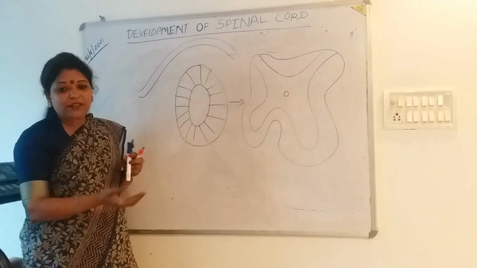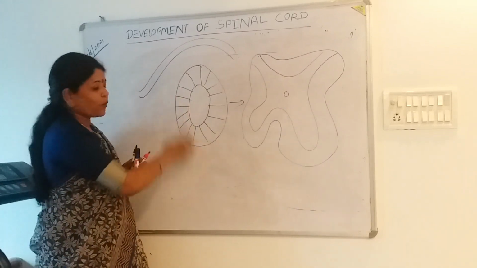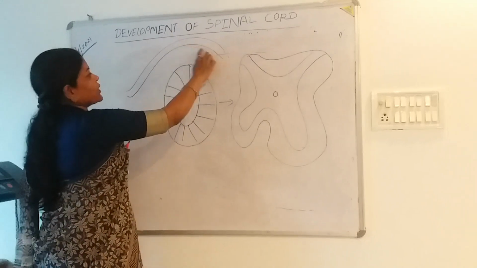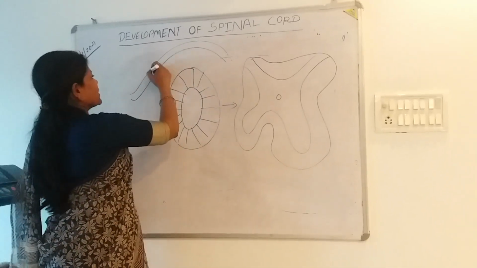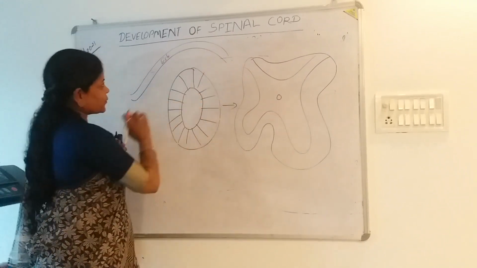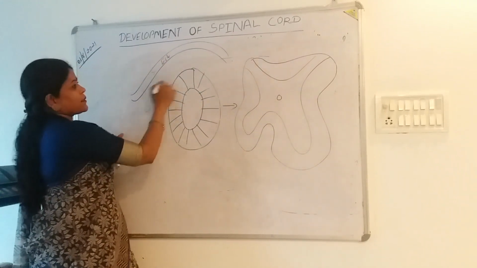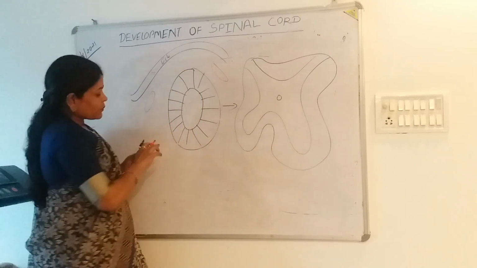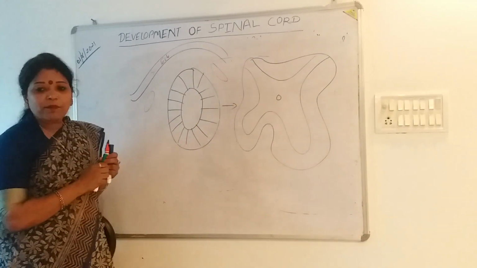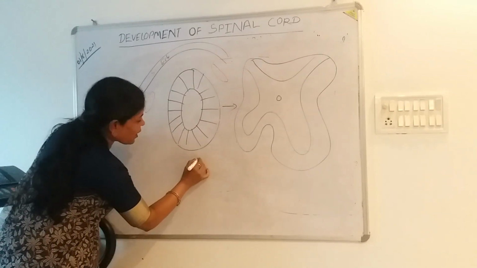The highest concentration was on the lateral side and the lowest concentration was needed for the neural tube. This is the surface ectoderm, and this is the neural tube here. And there are the neural crest cells on either side. And a very important structure: do you remember the notochord?